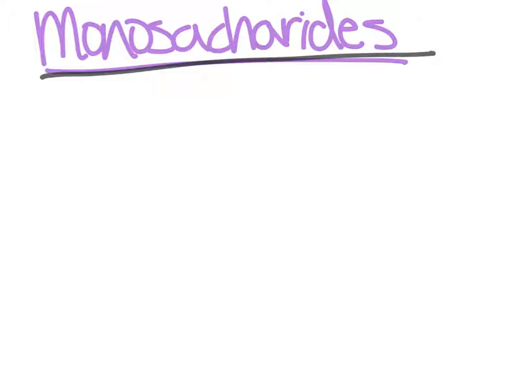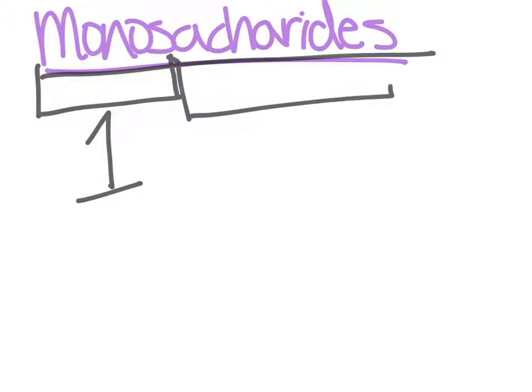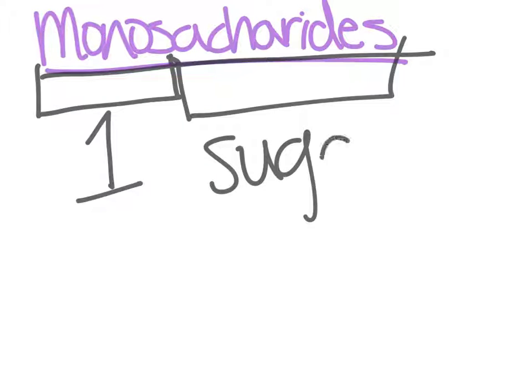We start off with the prefix mono. When we look this up, we find that the Greek root mono means one. And when we look up saccharides, we find that it means sugar.